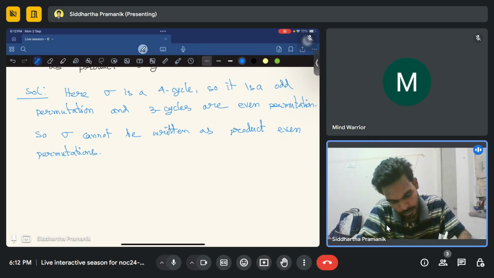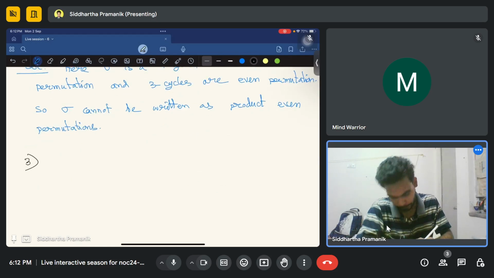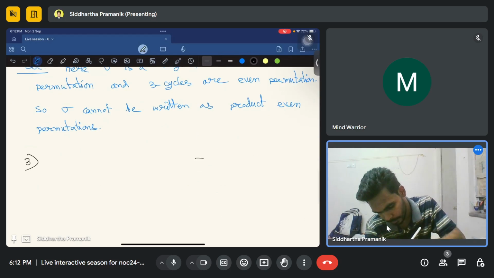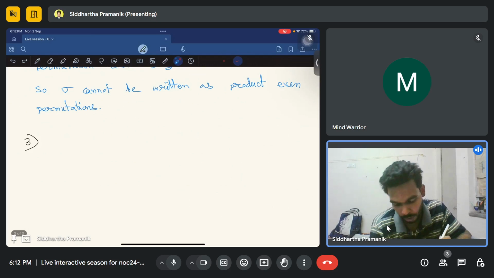So let's move ahead. We have seen that if sigma is an even permutation, then sigma inverse is also even, right? So what happens in the case of an odd permutation?